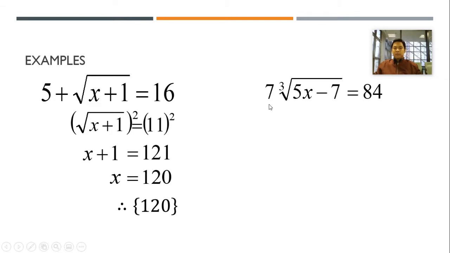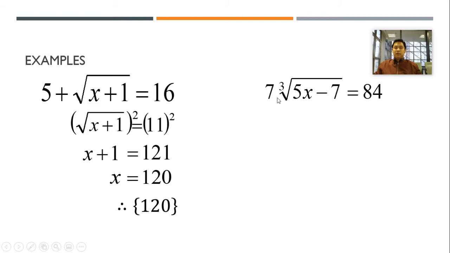For the second example, this is 7 times the cube root of 5x minus 7. So same idea. We'll get rid of the cube root, and to do that, we need to cube the equation. But let's start with getting rid of the 7.